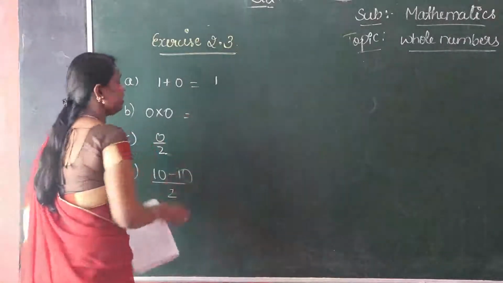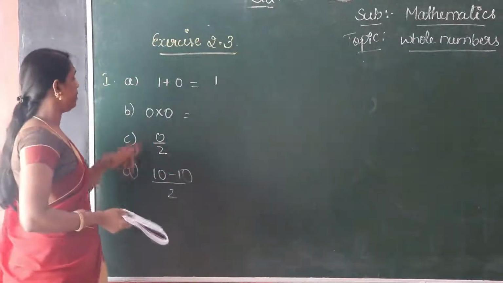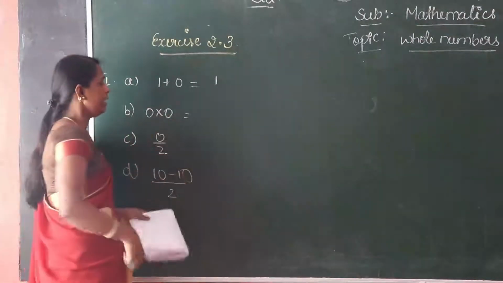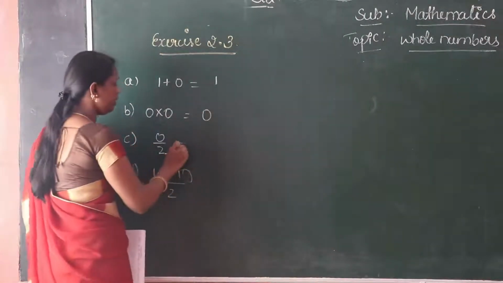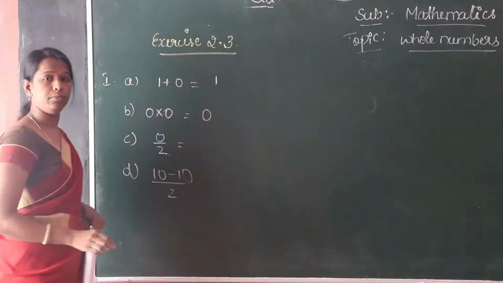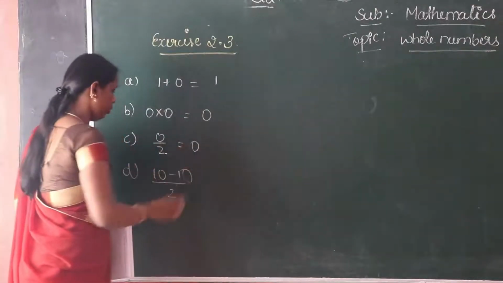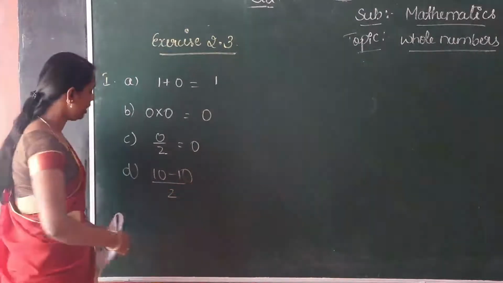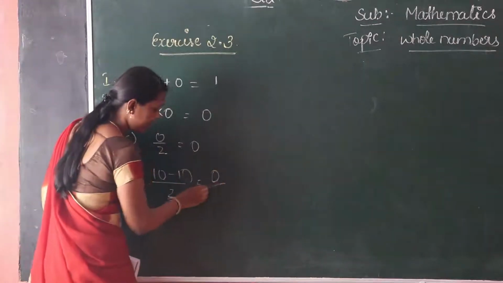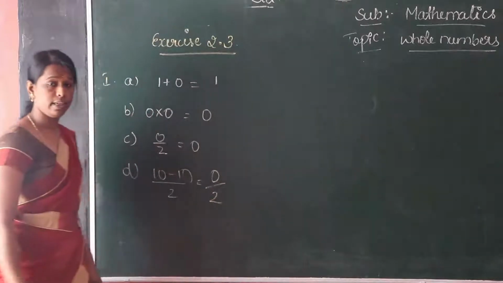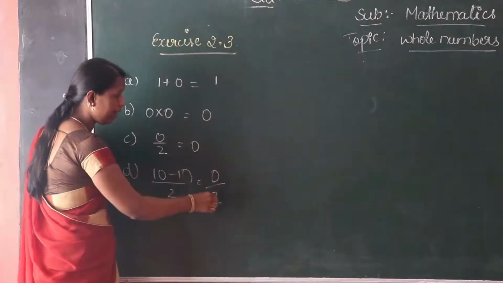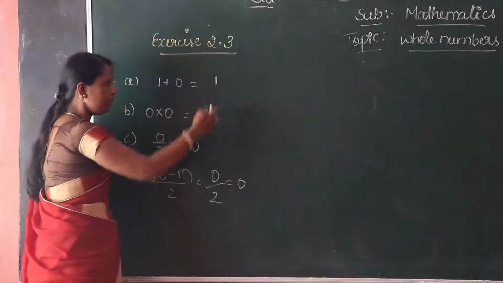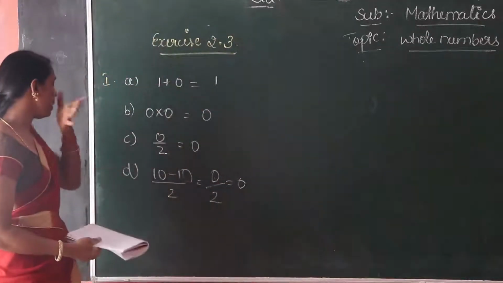Then 0 into 0, what? 0 multiplied by any number, you get 0. Here 0 divided by 2, the answer is 0. Here 10 minus 10, you get 0. Again 0 by 2, you get 0.